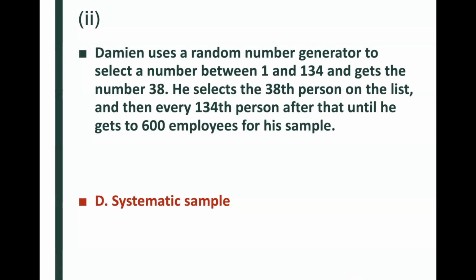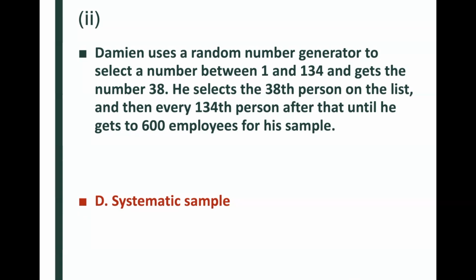So usually with a systematic sample, you're going to first randomly select a number. You could either use a random number generator or pick a number out of a hat. But anyways, you're going to randomly select a number, and then if you have everyone in a list, you're going to pick the kth person in that list.